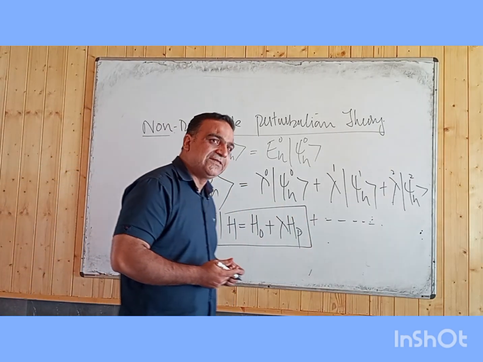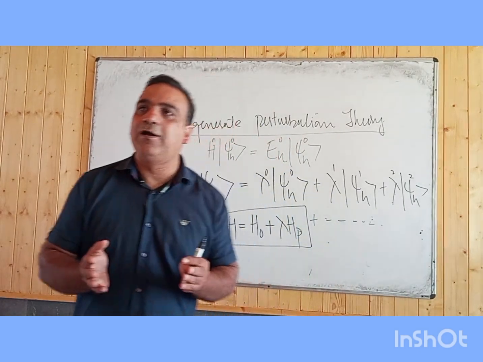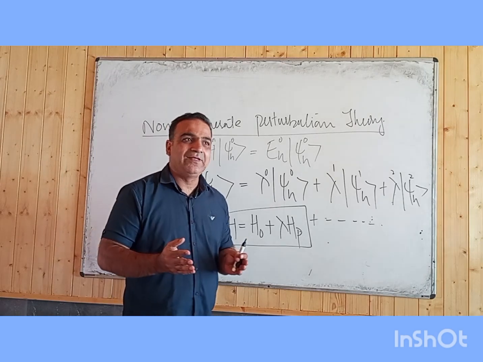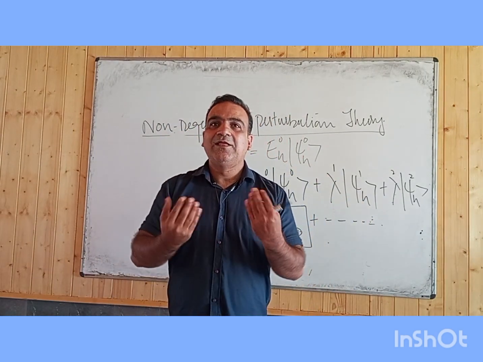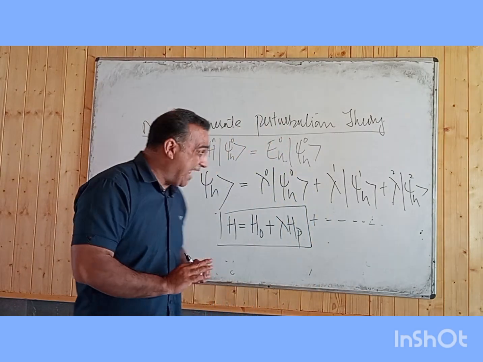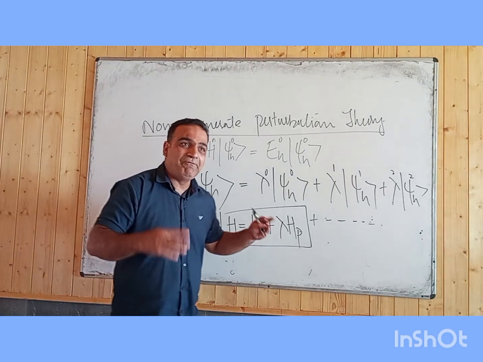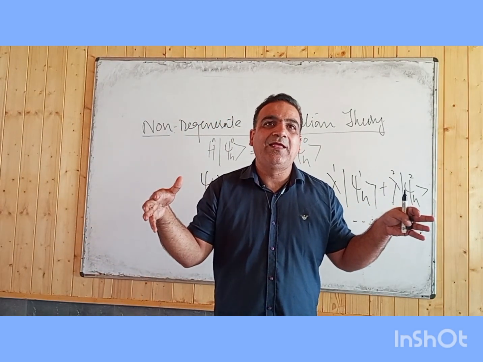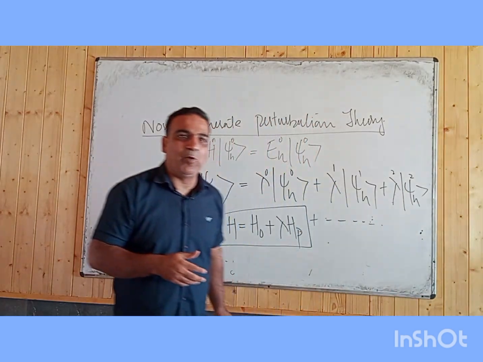The beauty of this perturbation is that whatever you calculate for the perturbation term falls in the framework of the unperturbed Hamiltonian. So whatever you calculate for this perturbed term, you will find it is decorated by the unperturbed Hamiltonian. Getting my point?